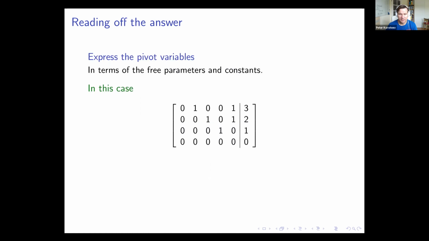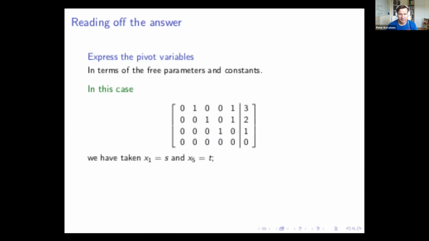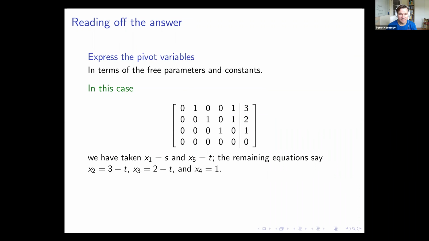In this case, since x1 is equal to S and x5 is equal to T, the remaining equations say that x2 plus T equals 3, which means that x2 is equal to 3 minus T, x3 is equal to 2 minus T, and x4 is equal to 1.